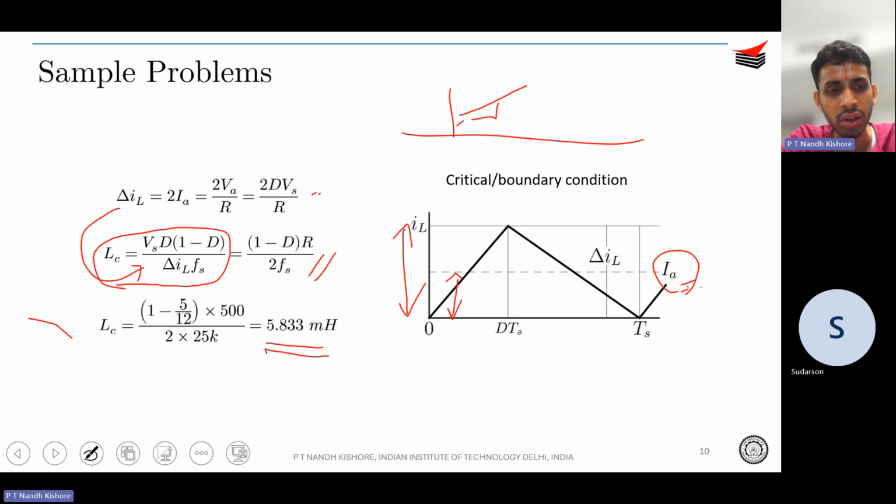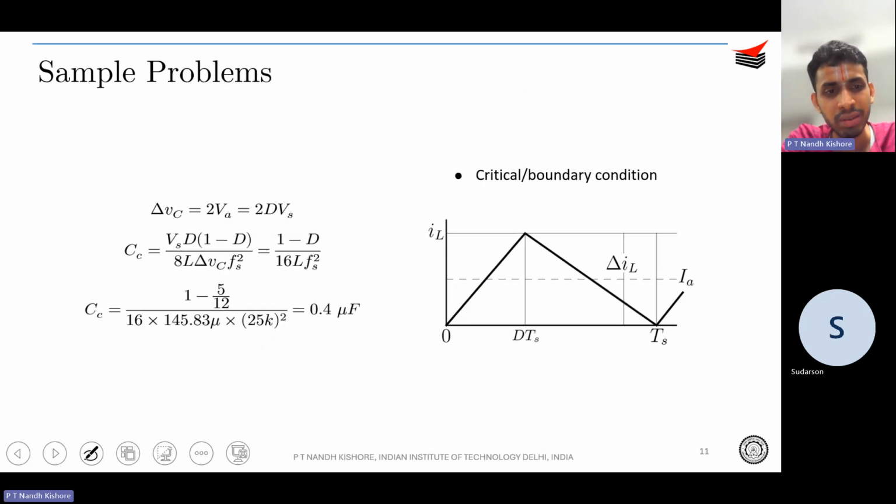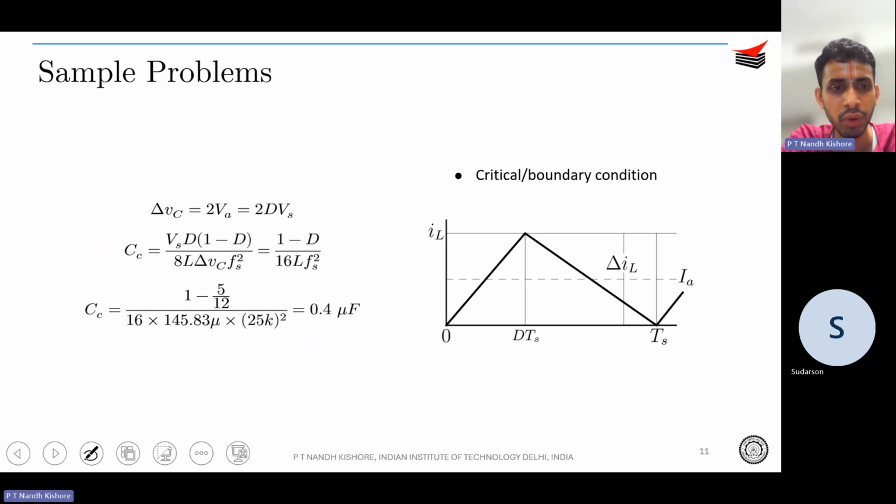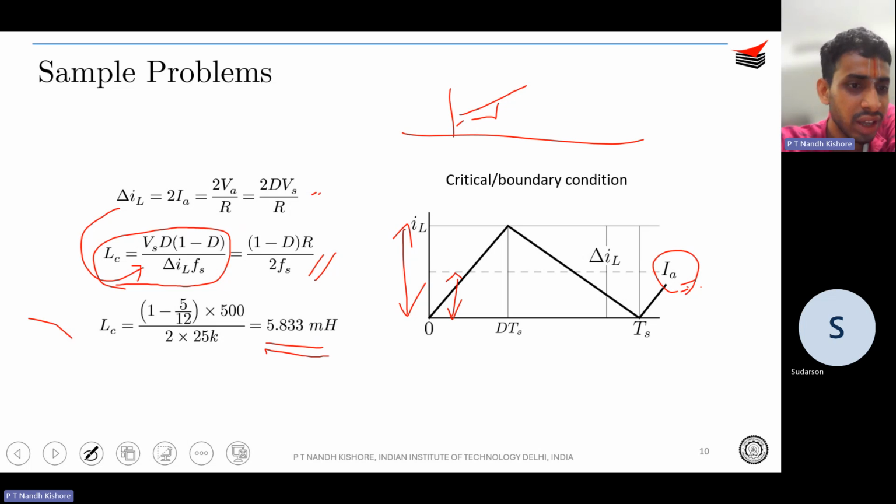Similarly, this is for LC. Correspondingly, you obviously have a value for CC as well, for critical conduction. At the boundary condition, you know that delta VC is going to be 2 times VA, analogous to delta IL being 2 times IA.